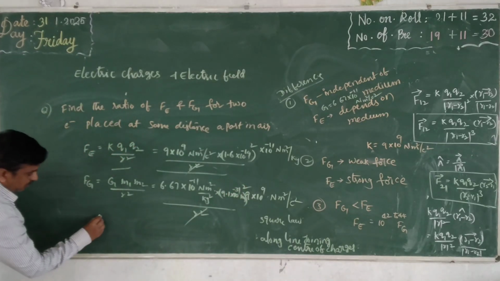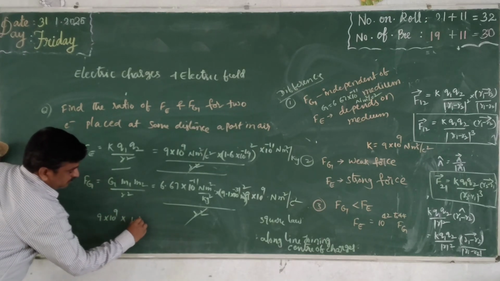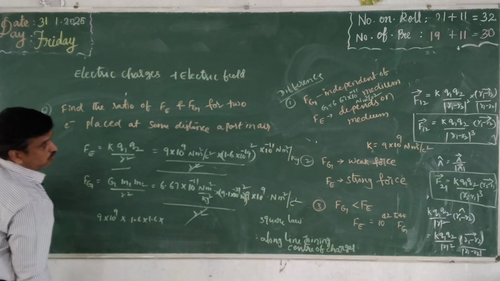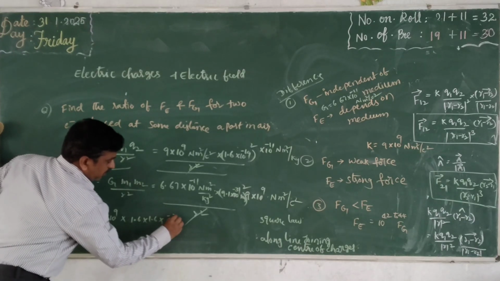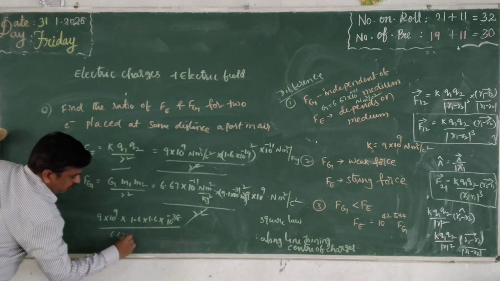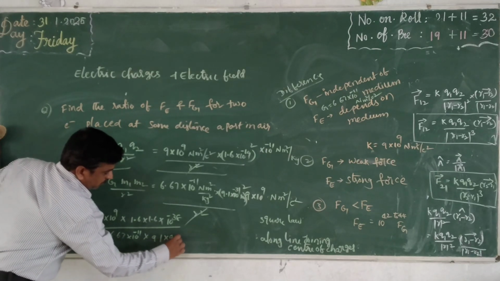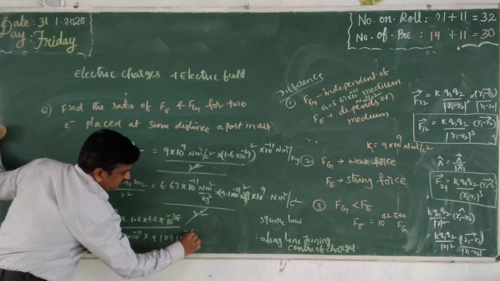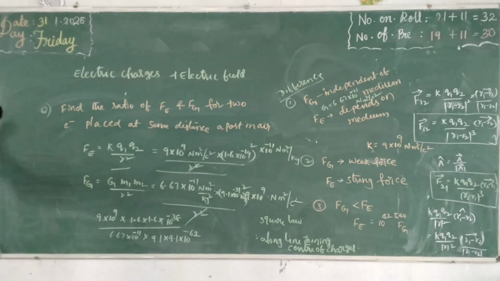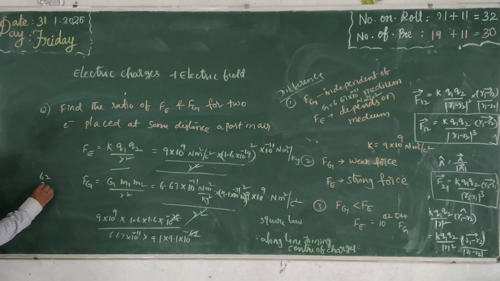So the numerator is 9 into 10 power 9 into 1.6 into 1.6 into 10 power minus 19 whole square, which is 10 power minus 38, divided by 6.67 into 10 power minus 11 into 9.1 into 9.1 into 10 power minus 62 we can get. Now 62 minus 38 is 24.